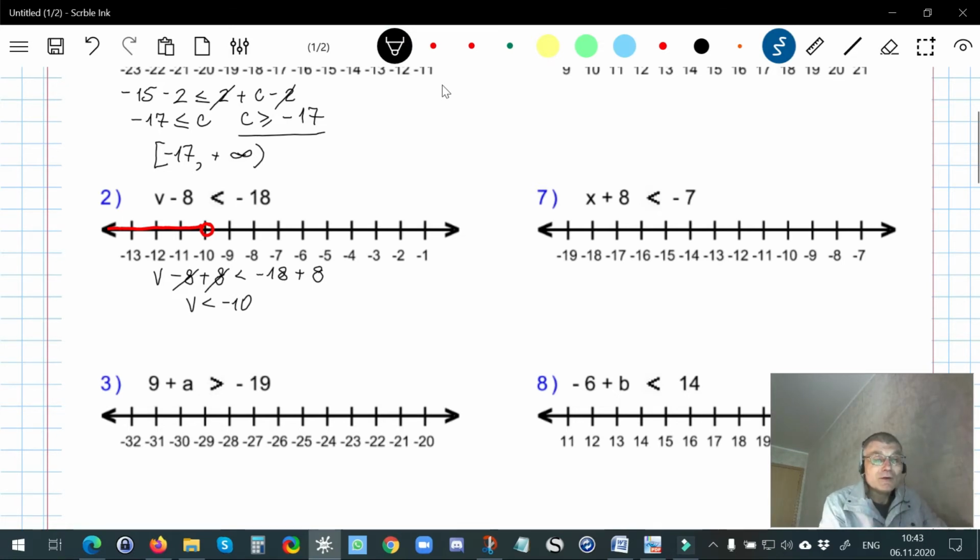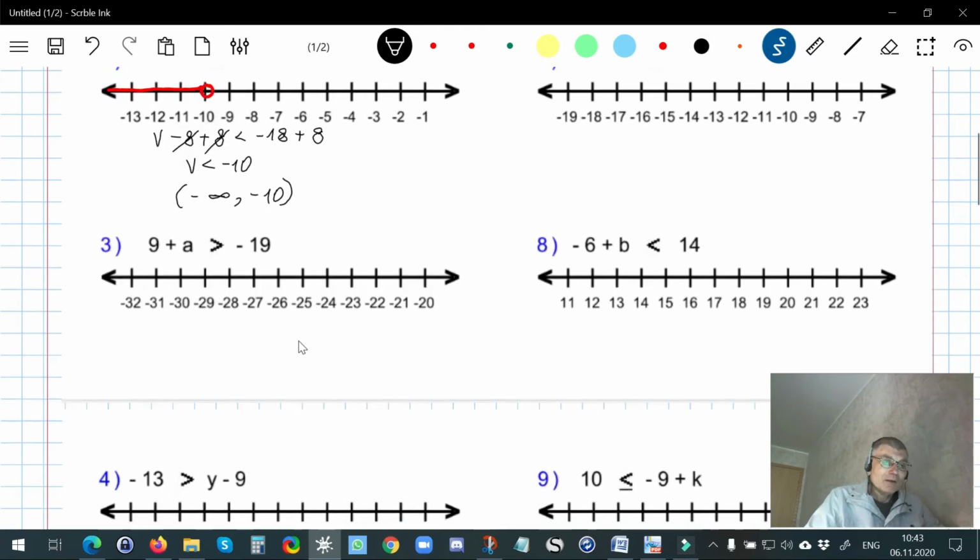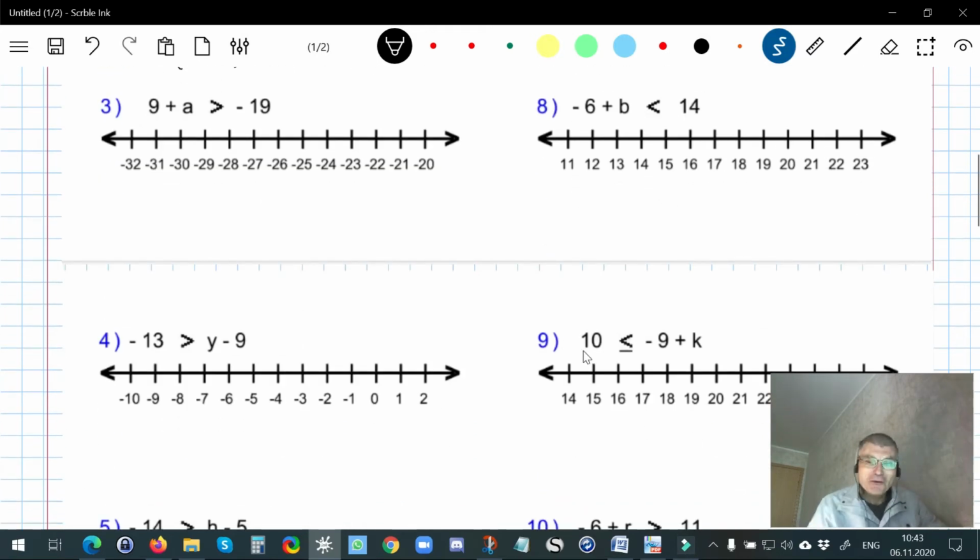The last thing I have to do is write the interval notation. The set builder notation is already written. This is negative infinity, comma, negative 10, and we don't include it, which is reflected by the usual parentheses.